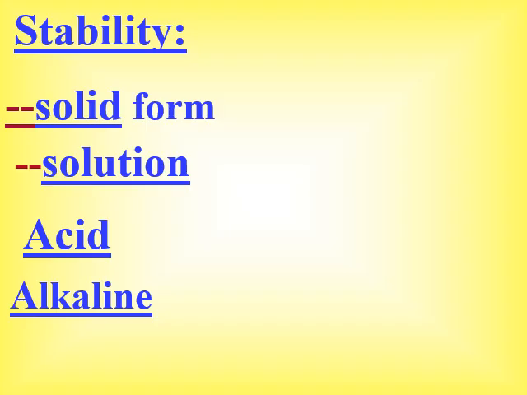If it is alkaline solution, it can undergo hydrolysis of the alpha chloro, converting them to alpha-alpha dihydroxy derivatives. So in the solid form it is very stable, but if it is in solution, there are different factors that can cause hydrolysis, such as pH, light, heat, acidity, and alkalinity.